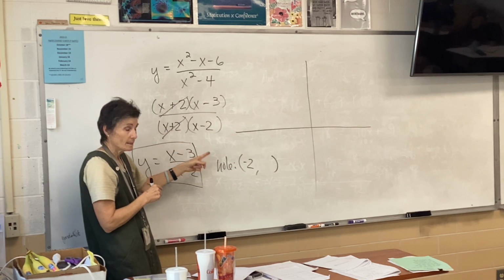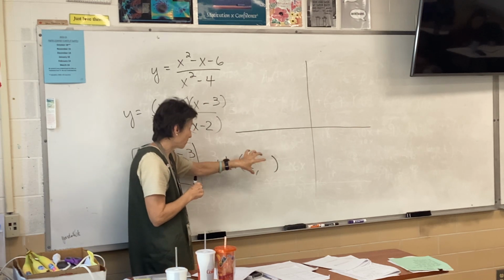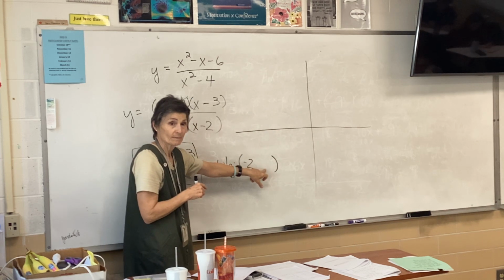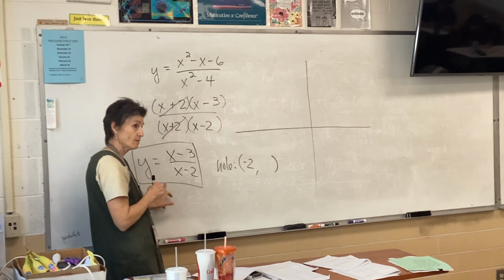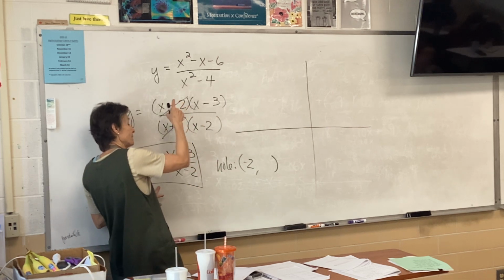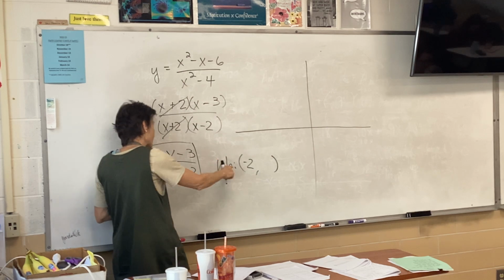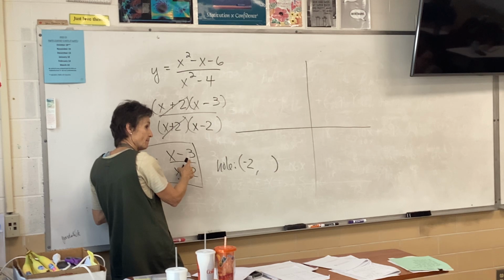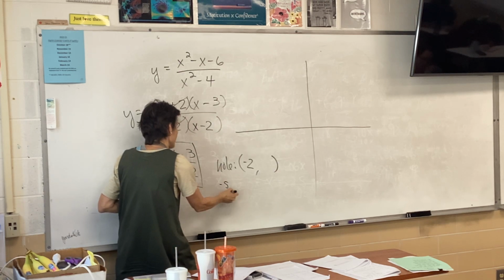Right? Now how do I get the other part? Because I'm gonna plot that point on my graph. How do I get that right there? Plug that into here. Do not try to go back and plug it in the original. It won't work, you guys. You gotta plug it in right here. So -2 minus 3 is -5.